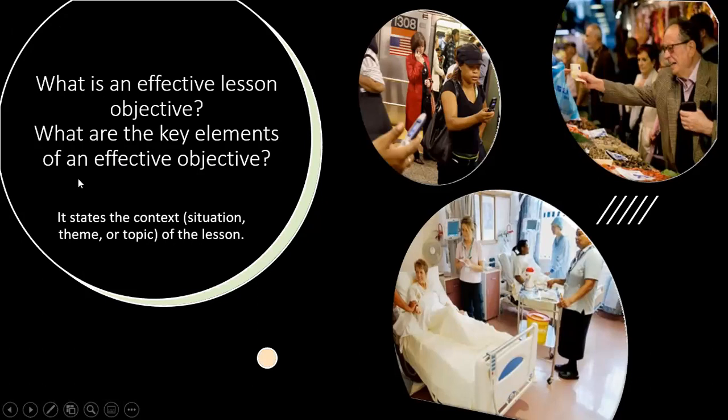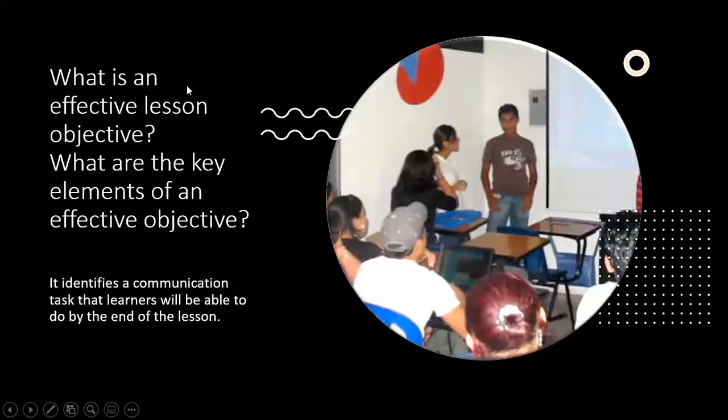What are the key elements of an effective objective? Number one, it states the context, the situation, the theme and topic of the lesson. You see, then you have to connect it with a hospital, with a real life situation as you see over here. Then what you are going to teach in the lesson should be connected to real life.